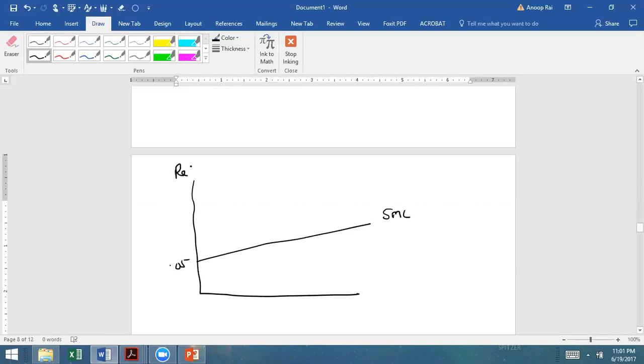On this axis is the return, and on this axis is the beta. Let's start with a stock with a beta of 2. We said if you're going to buy a stock with a beta of 2, then you should be demanding a 25% return. Let's put this all in percents here. So 5%, 25%.